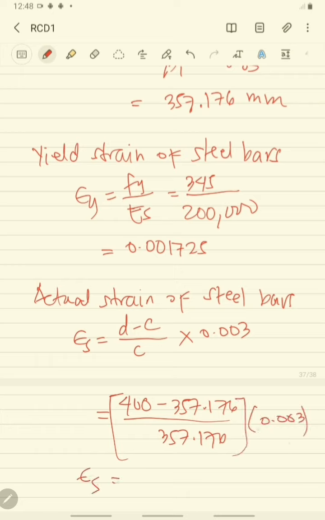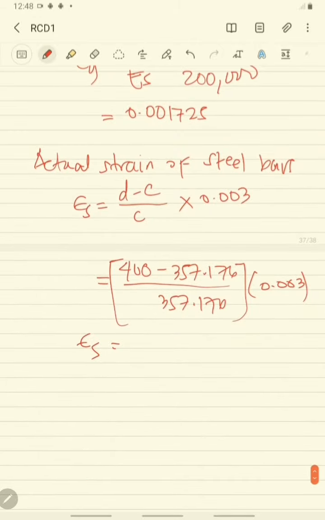So this is equal to 3.5968 times 10 to the negative 4. So we can write this as 0.00036.